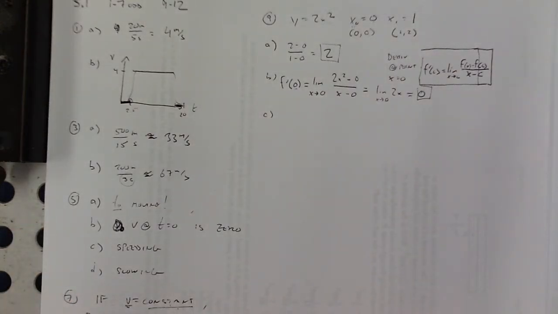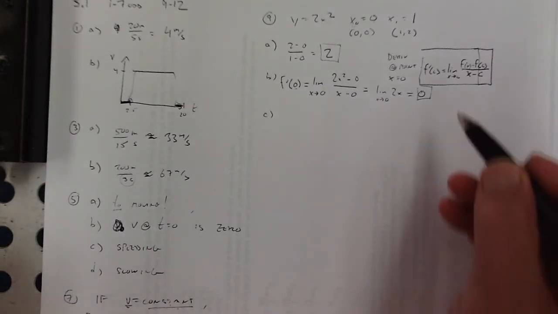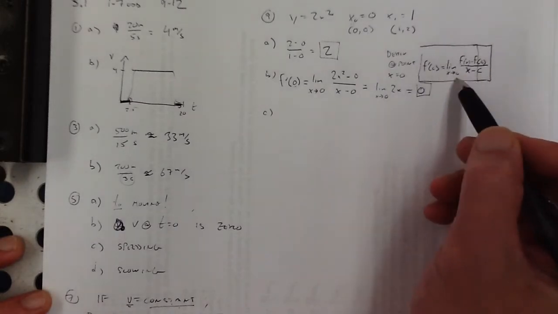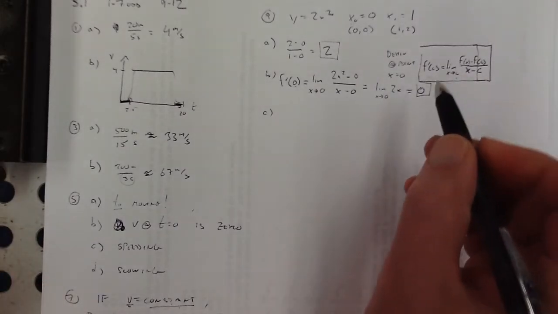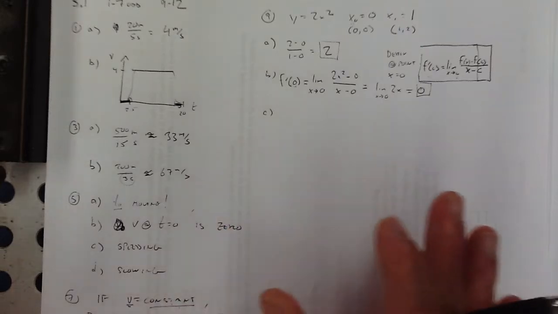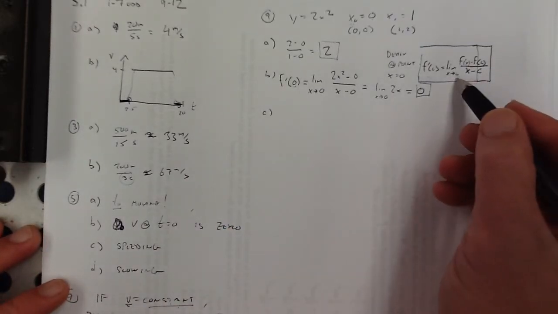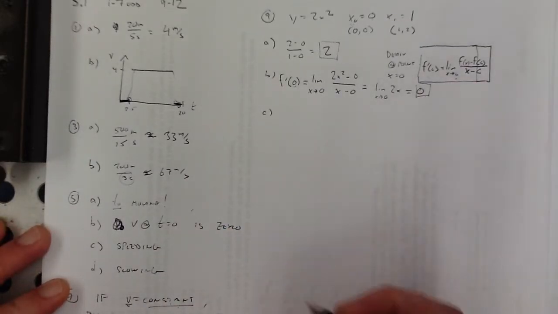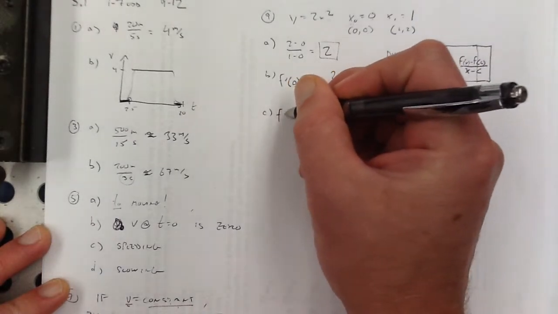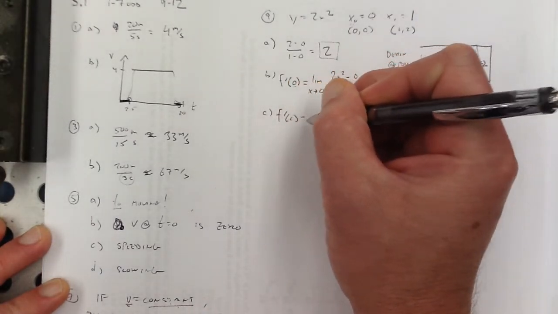For C, find the instantaneous rate for an arbitrary value of x sub 0. So not for x sub 0 equals 0, but for some arbitrary value. So that's just doing the same thing as this, but not plugging something in here. So instead of calling it x sub 0, because I think that looks a little confusing, I'm just going to leave it as the c here. So we want to find what is f prime of c.